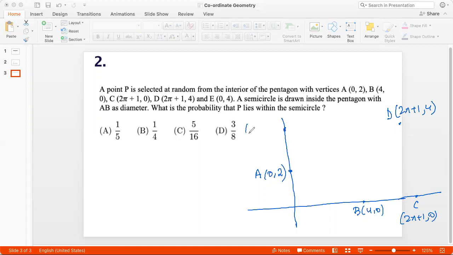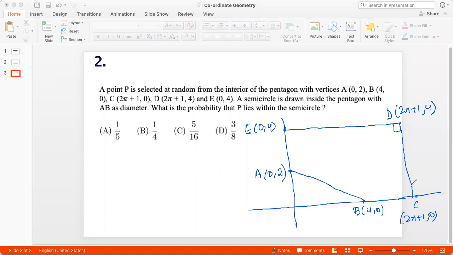So this is how my pentagon would look: A, B, C, D, E. And all of these are perpendicular, because this is a straight line, this is a vertical line.